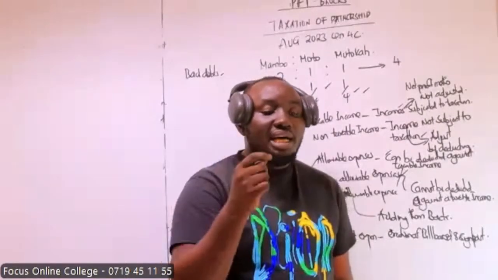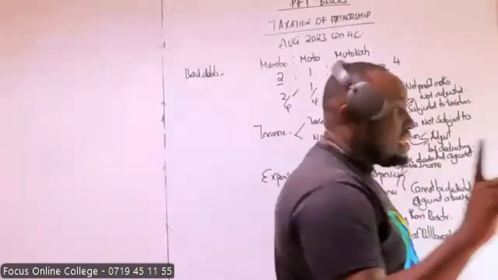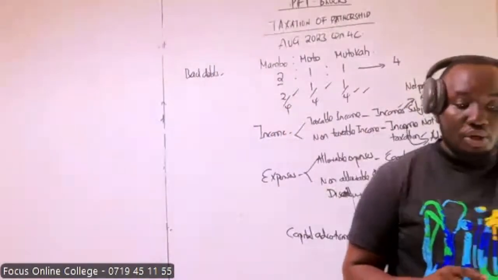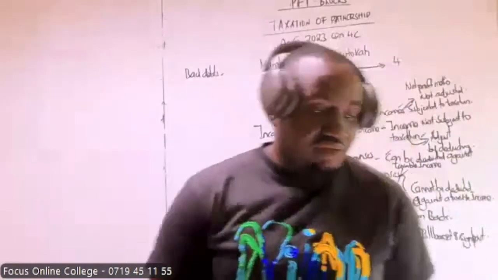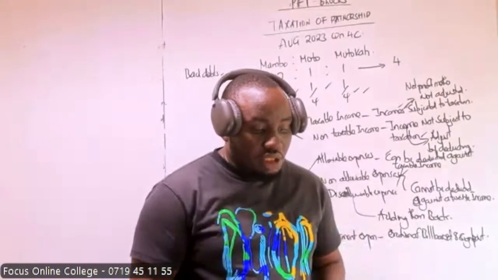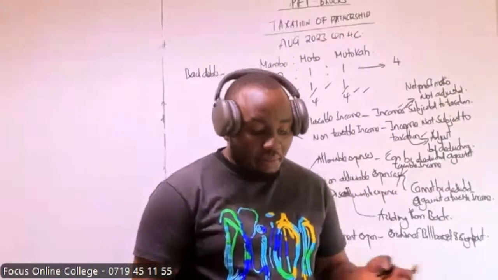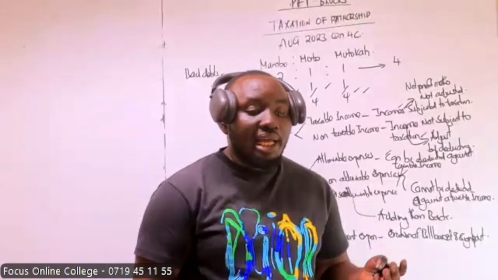Understood? Give me a yes if that is understood. Perfect. Great. So then we proceed to the next. When you have a bad debt without additional information, we call it an allowable expense.